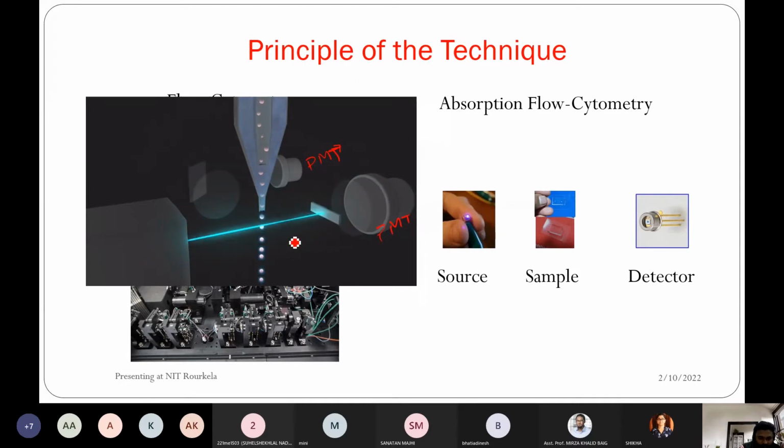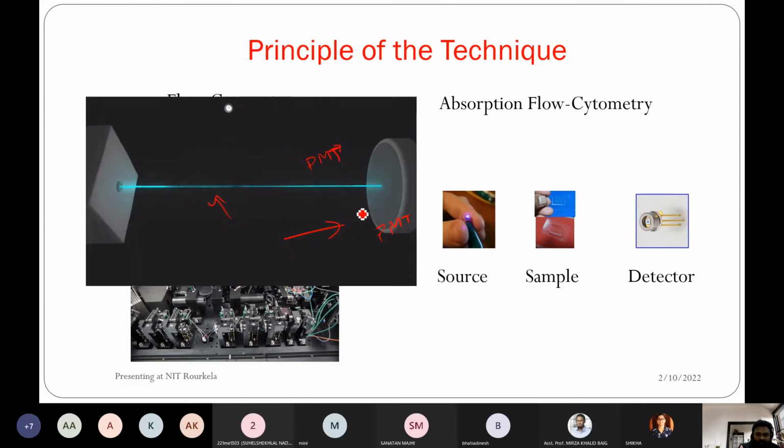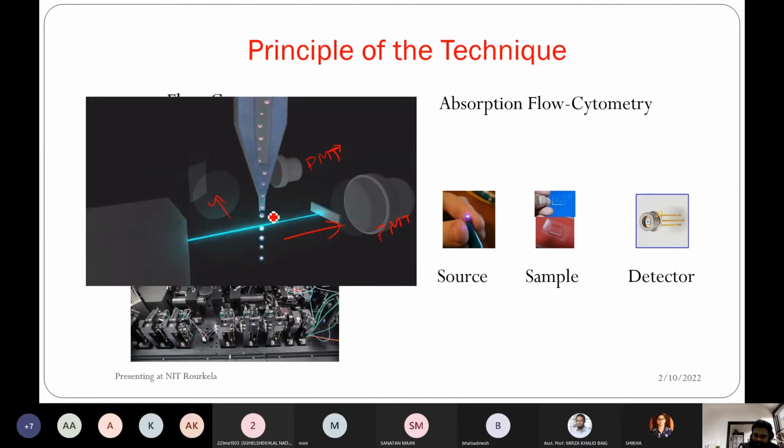This is the forward scattered information, and these are the side scattered information. Side scattered information gives you the morphology, and this one will give the change of the intensity. One side gives the size of the cell, and another gives the internal structure and other things. So this is the general working principle of any flow cytometer.